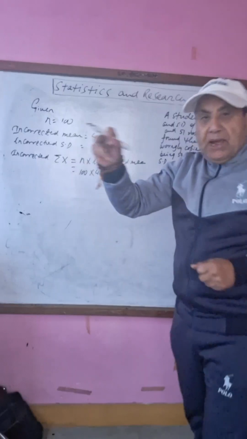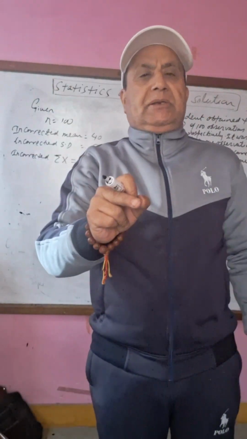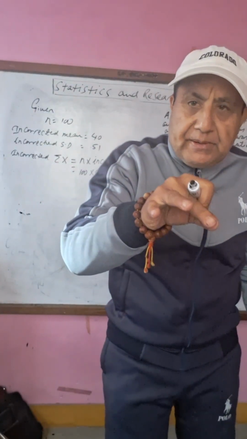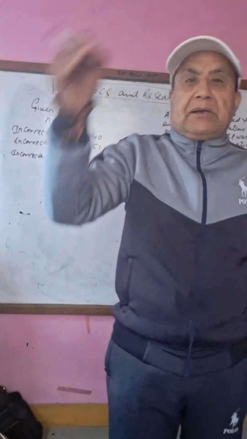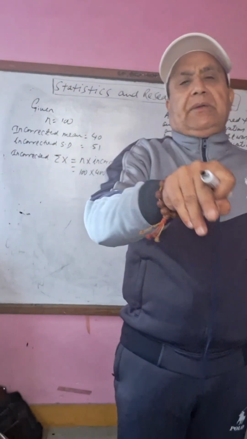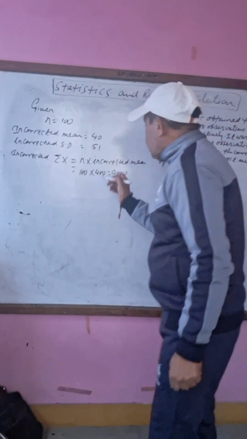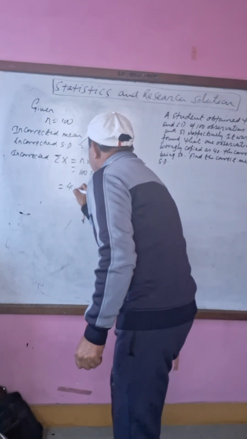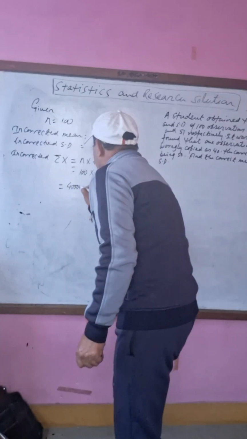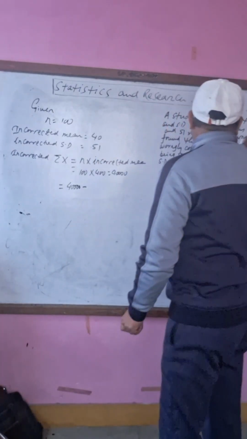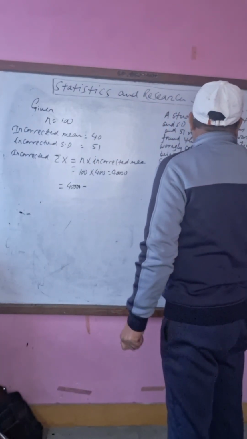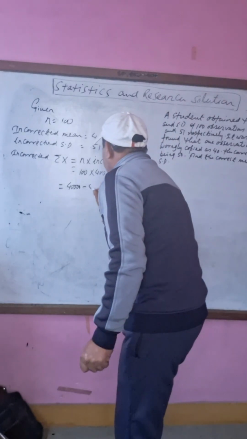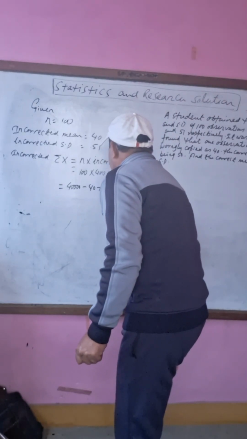Now we make the correction over this. How do we make the correction? We subtract the incorrect value and add the corrected value. So you write 4,000 minus the incorrect value, 40, and plus the corrected value, 50.